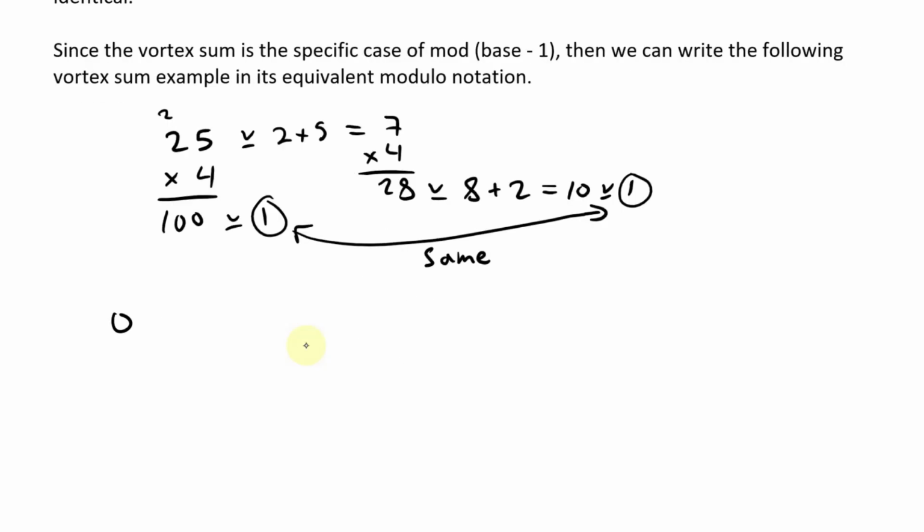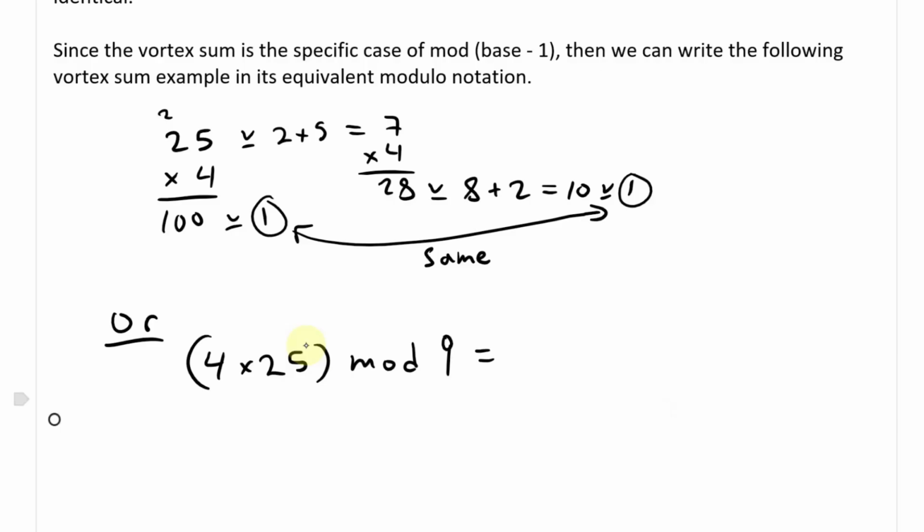Or you could write these as 4 times 25. Remember, you can just get the mod function of it. Mod 9 is base 10. Again, if I don't specify which base, it's going to be base 10. Let's write this as the equivalent mod function, because the vortex sum is the remainder, which gets 1.